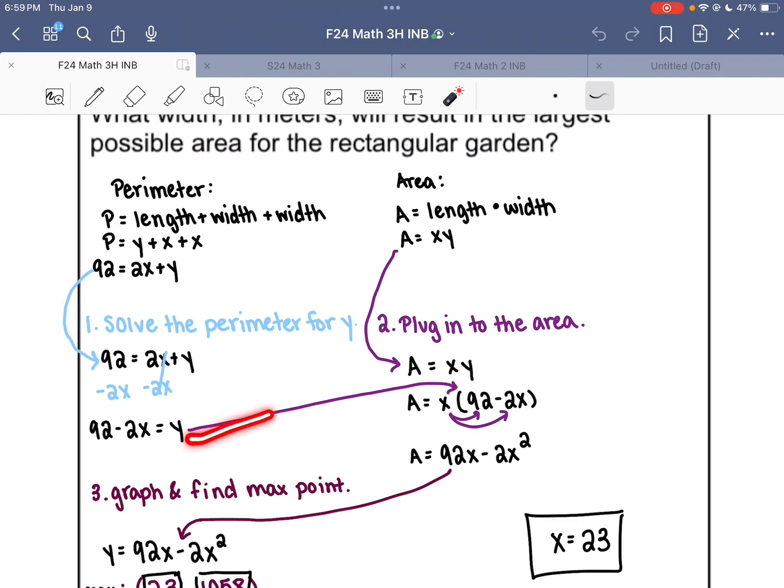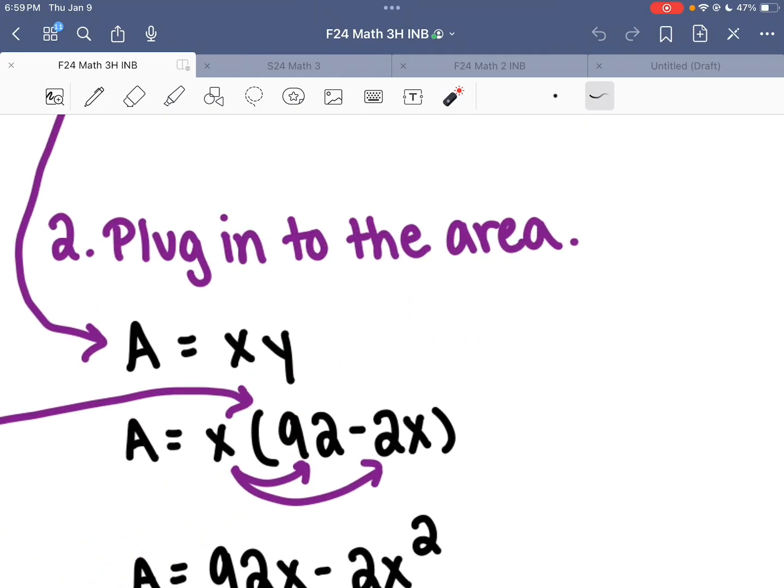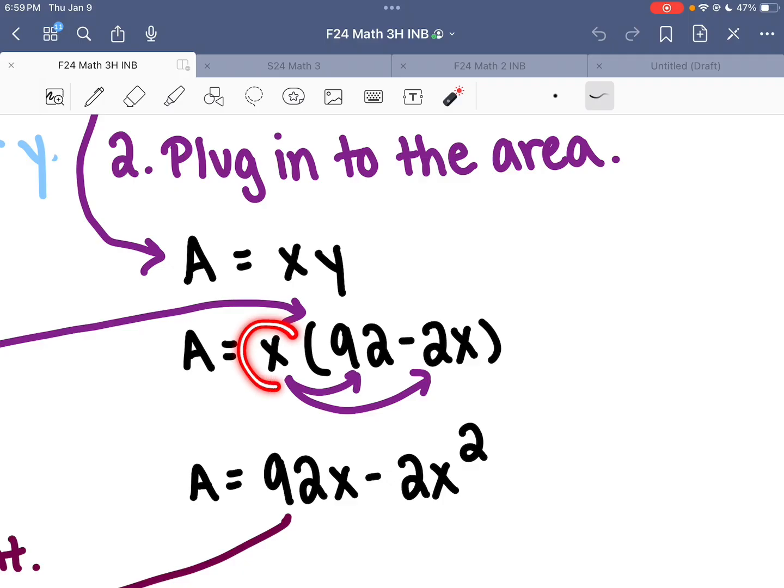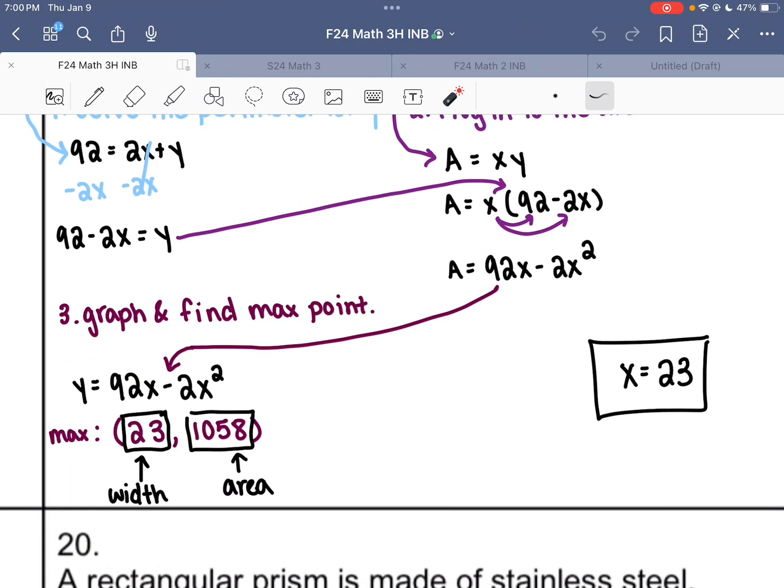So now I can take it and plug it into y for the area. So my area equals x as my width times, this is currently my length. So I took x and I distributed it to both terms, and I got this as my area. So now that I have my area, I'm going to graph this and I'm going to find the maximum point on the graph.